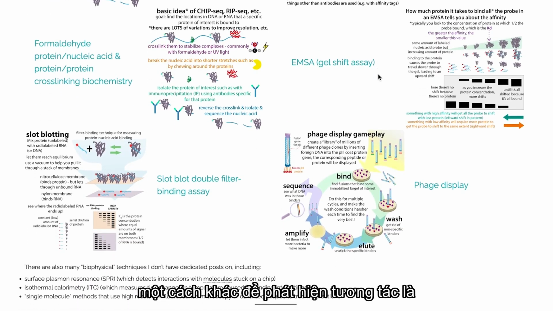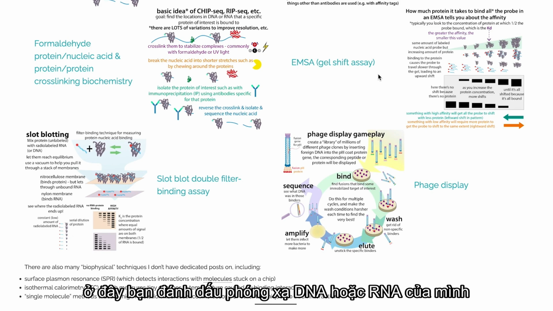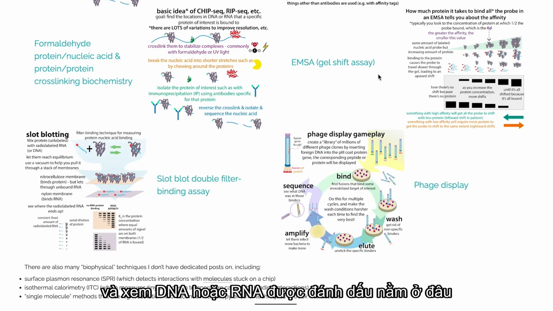Another way we can detect interactions, often DNA-protein interactions, is using an EMSA. So here you radiolabel your DNA or your RNA, and then you mix it with various concentrations of your protein. If they're interacting, then you run a gel and look to see where that labeled DNA or RNA was.